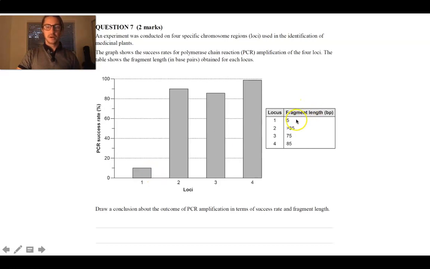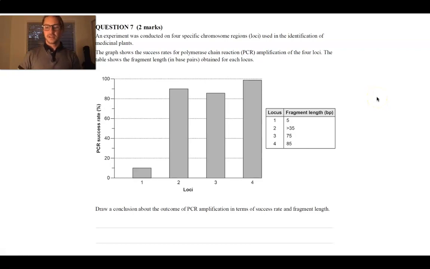Sorry, this is the fragment length over on the side here. And the success rate. So depending on the fragment length that we have, one is really small, but then we have higher fragment lengths for these ones. Draw a conclusion about the relationship between fragment length and success rate. Pause the video here and we'll see how we go.